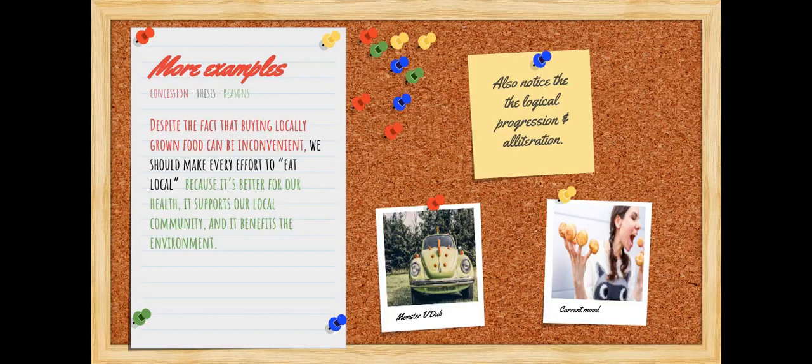I'd like you to notice that in the reasons, the author structured them in a logical progression. So they start with it's better for our health, in other words, the individual. It supports our local community, so it grows a little bigger than the individual, and it benefits the environment, moves outward into its biggest example.